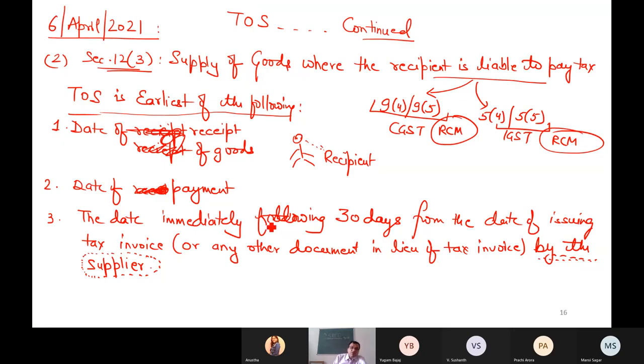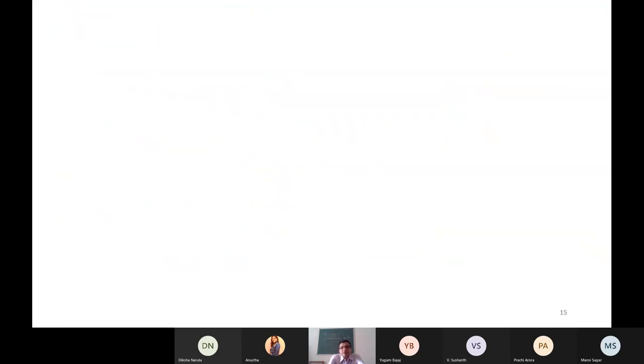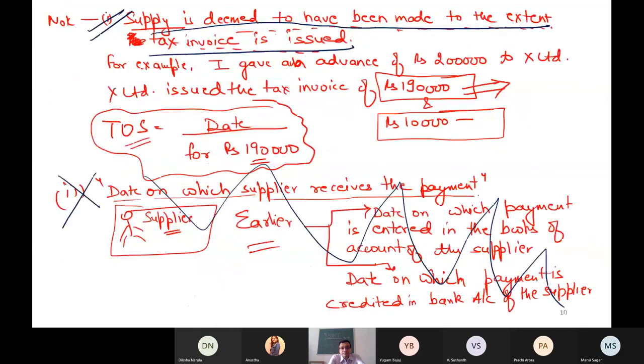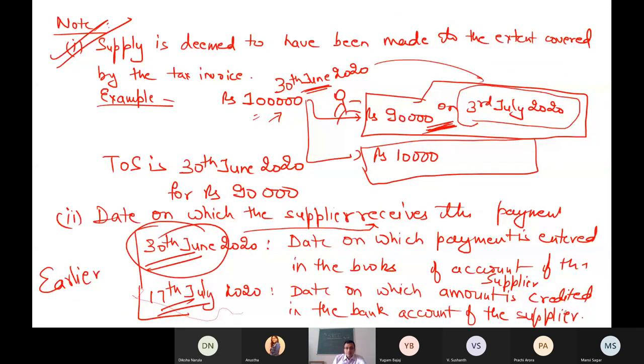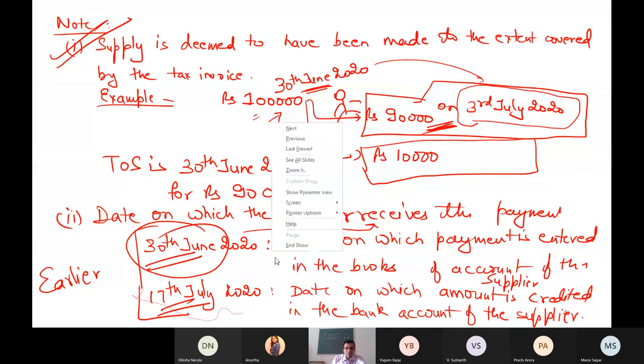Now what do you mean by this date of payment? This is the main concern. What is this date? It depends. It is just like the earlier example, just like section 12 subsection 2.